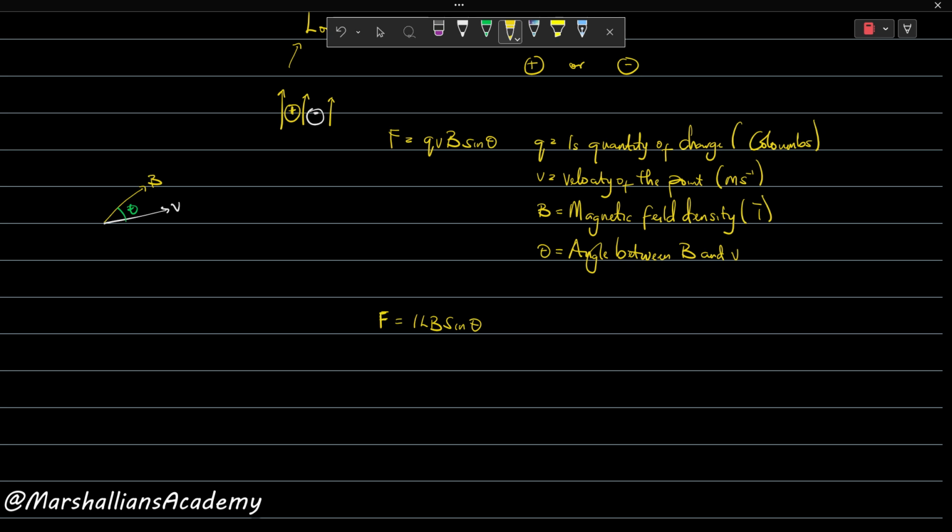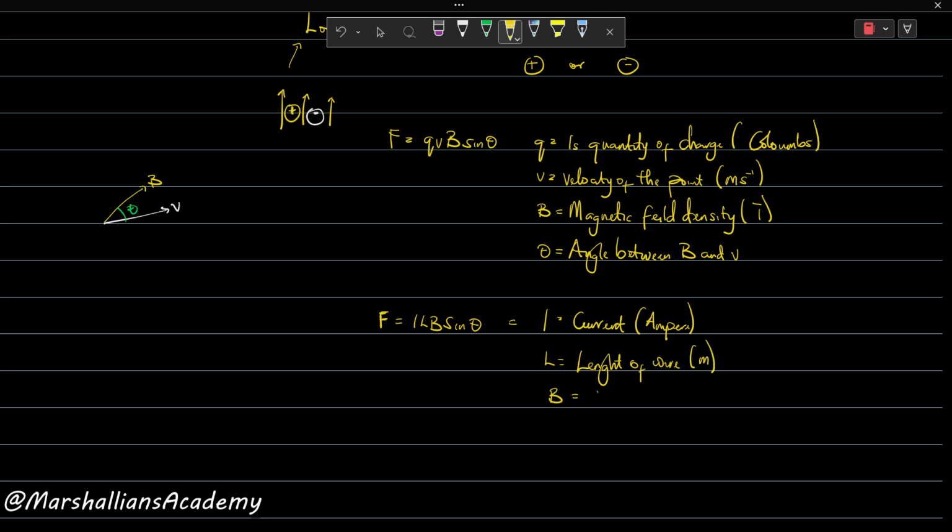Very easy to cram, it's very easy to remember. When you understand it, it becomes a piece of cake. What is I here? I is the current, the amount of current in the conductor, which is measured in ampere. What is L? L is the length of the conductor or the length of the wire, which is going to be measured in meters.